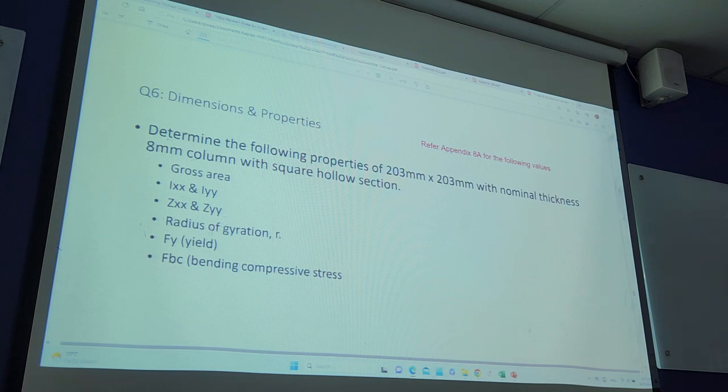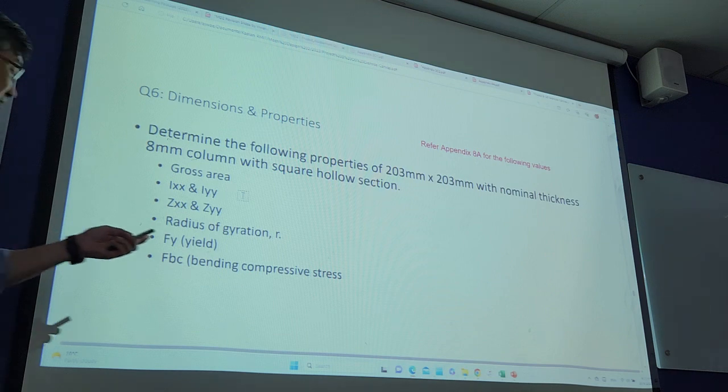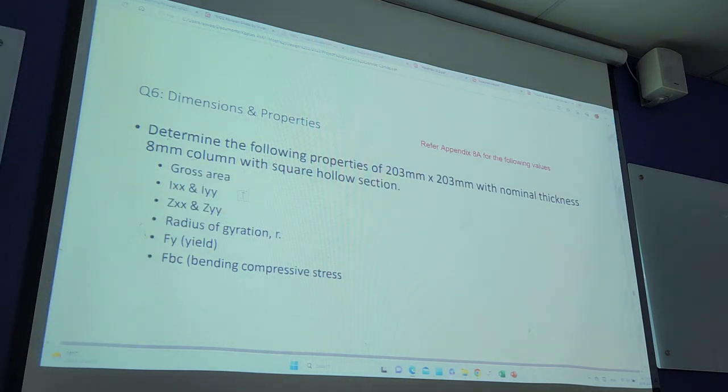Do some exercise, because even for your exam you need to know how to find this gross area, your moment of inertia, Z value, radius of gyration, Fy, U, and also bending compressive stress. Those values can be derived from the table. So right now, just do the exercise. What is the value for 203 times 203?